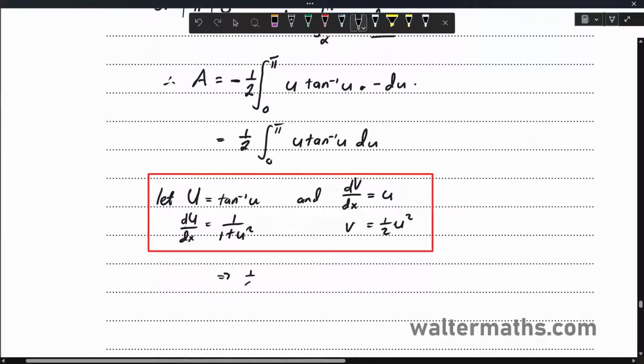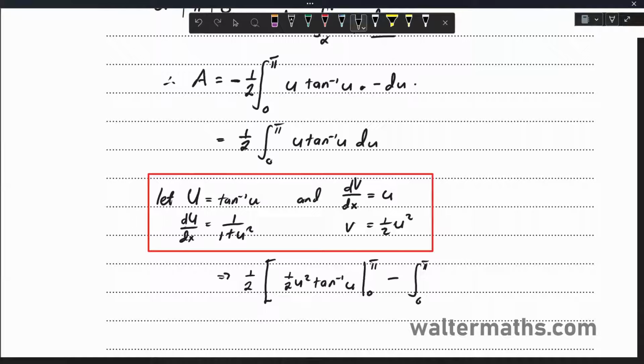So the area is half of the integral, sorry, half of the uv product, which is half u squared arctan of u with the limits 0 to pi, minus the integral from 0 to pi of v times du by dx.